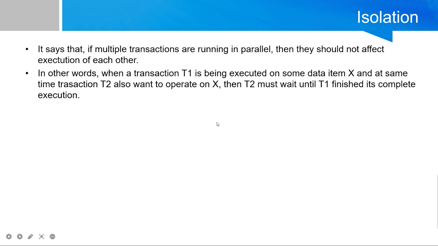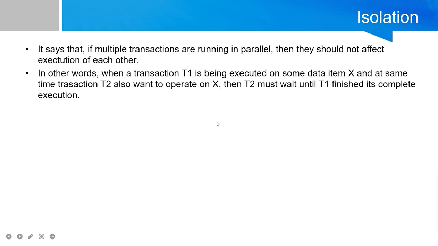But let's suppose both persons are operating on the same account A at the same time, and the account has only 10,000 rupees, and the first person performs a withdrawal of 10,000 from there. Similarly, the second person also wants to perform a withdrawal of 5,000 from there.